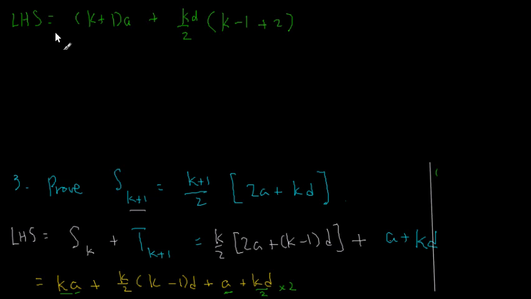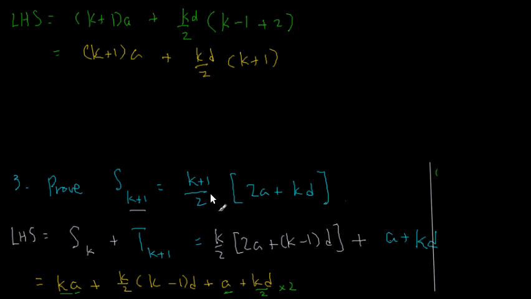So this is what I would get. So k plus 1 a plus, now that simplifies to k plus 1. So kd over 2 times k plus 1. And now you see that I have k plus 1 and k plus 1 here as a common factor.